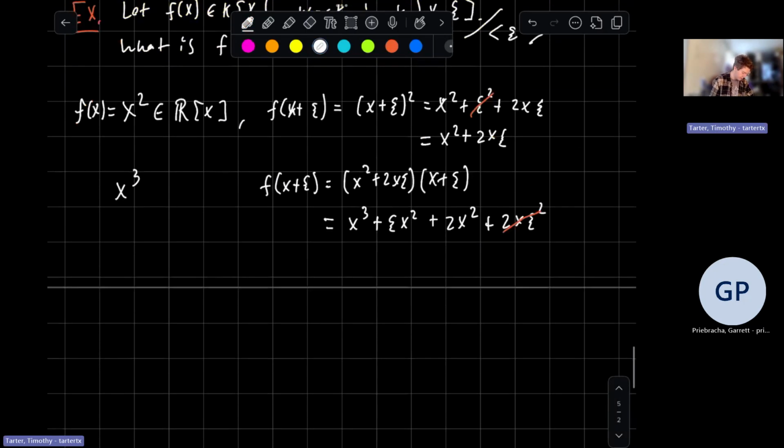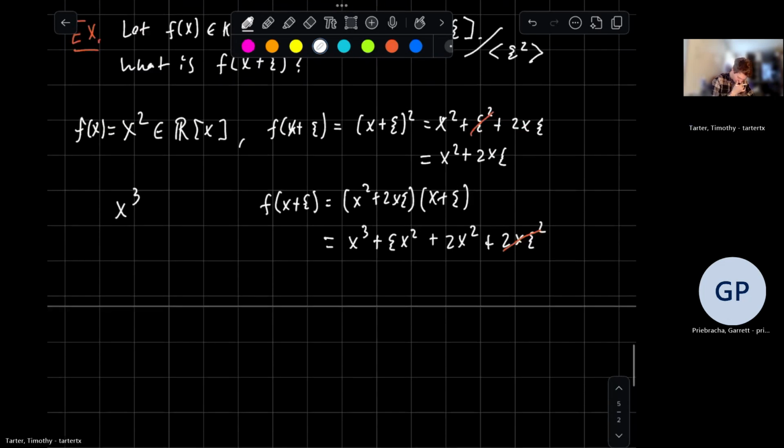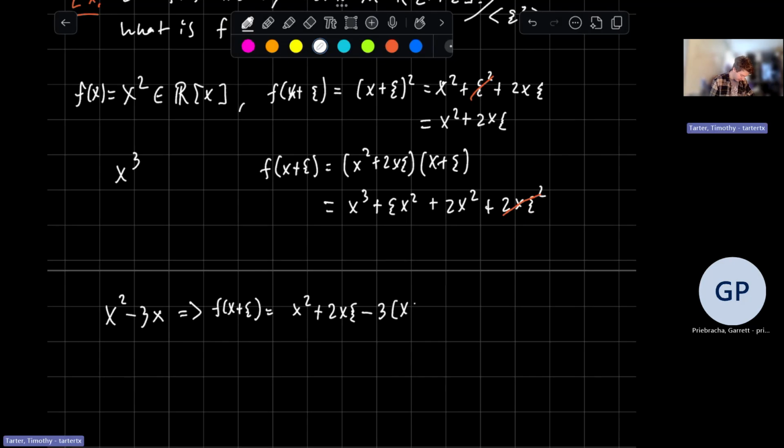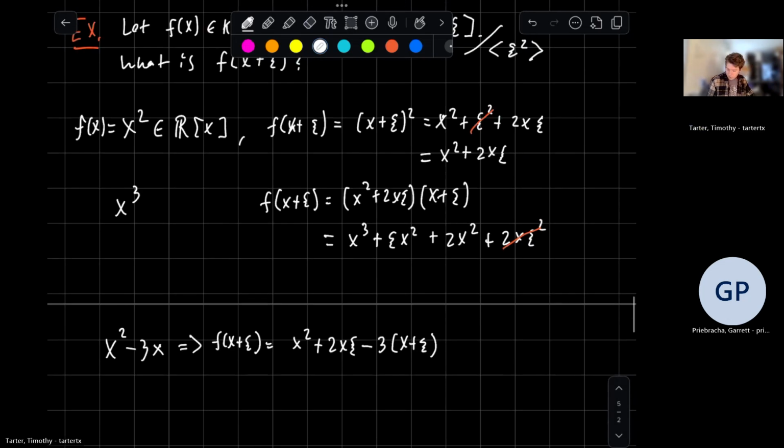Maybe like x squared minus 3x plus epsilon.